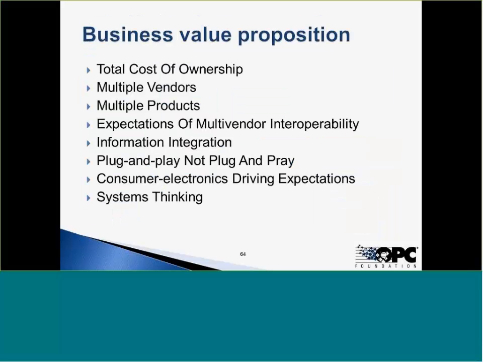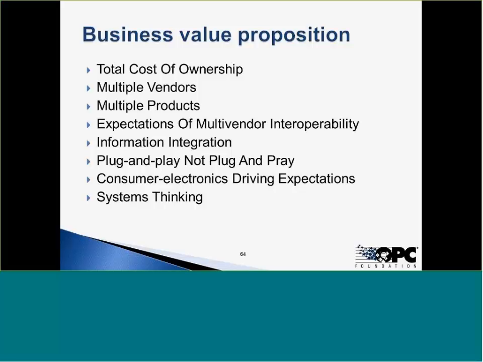So in summary, one of the things I want to cover is, why do suppliers and end users care? Because the reality is, consumer electronics and the expectations in consumer electronics where you buy products from multiple vendors, you now want to be able to do the same thing in industrial automation and have this whole information integration and reliability and security.